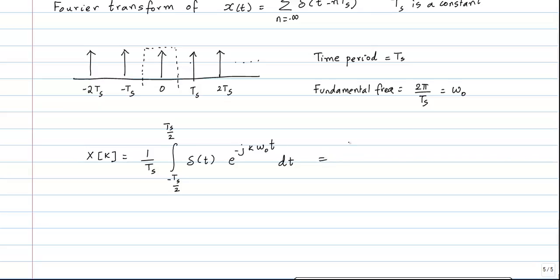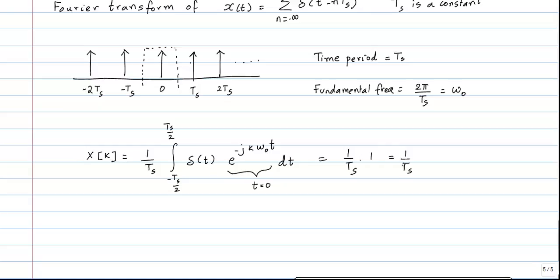If we use the shifting property of the delta function, now this integral is simply this function evaluated at t equal to 0. Right? And so the whole integral simplifies to 1 over t sub s times 1, or equivalently just 1 over t sub s.